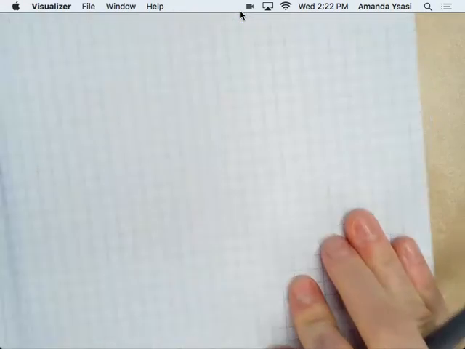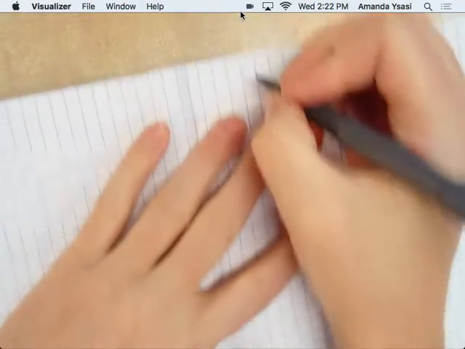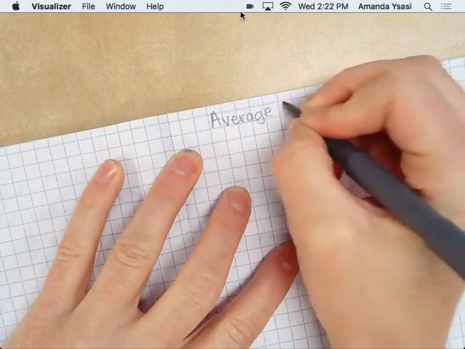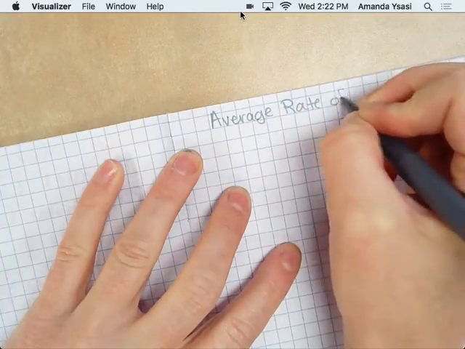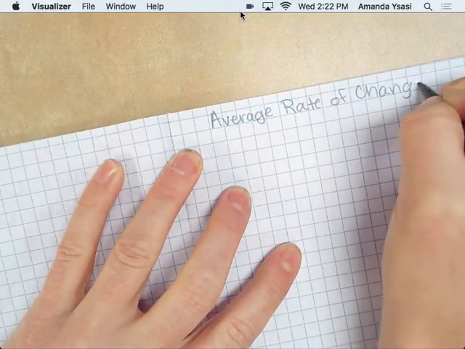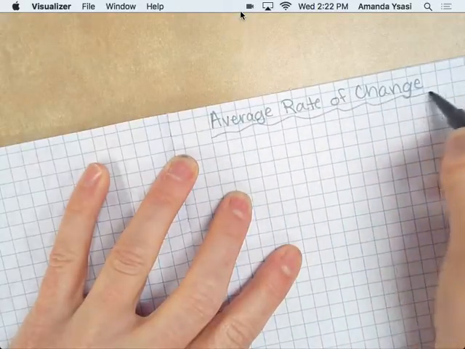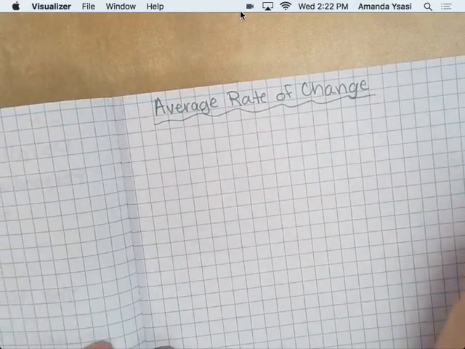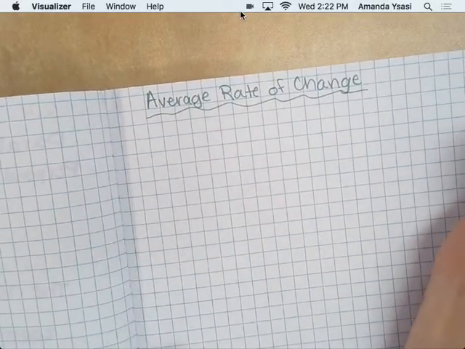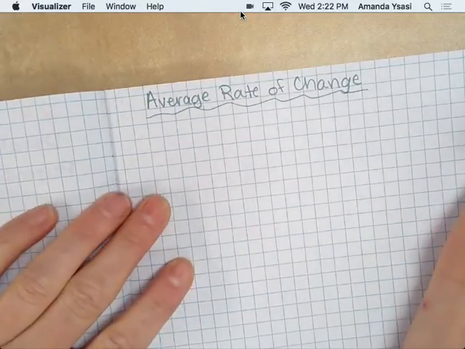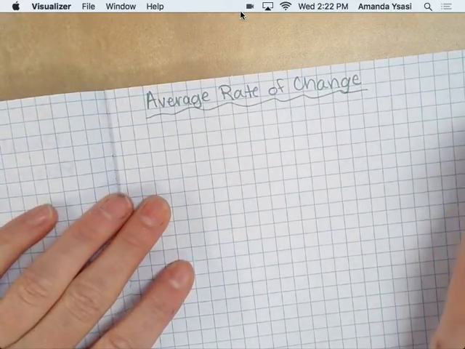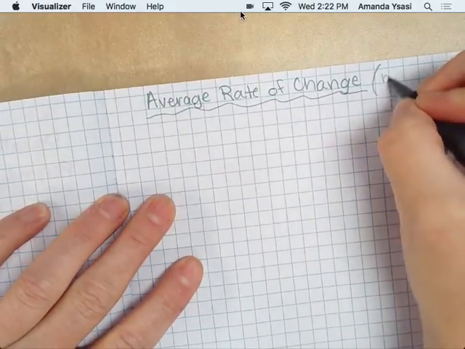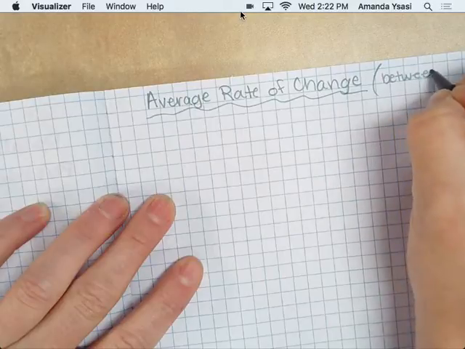Okay, one more short topic would be average rate of change. So whenever you're not given a linear function, you can still find the average rate of change between 2 points.